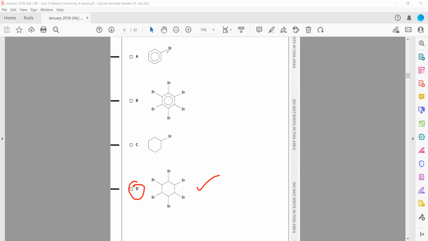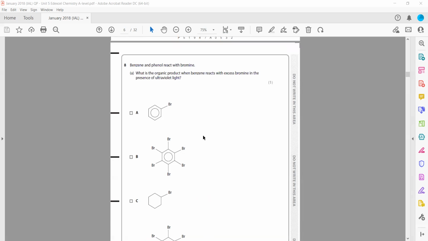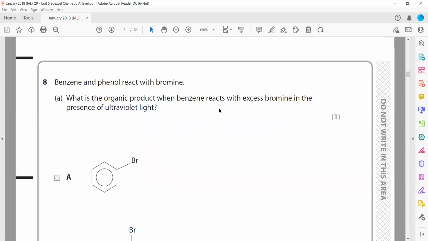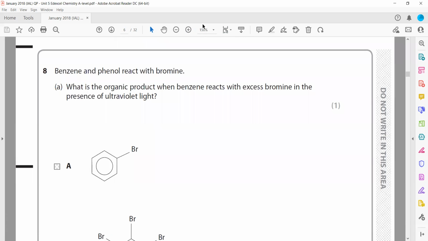If this is a limited supply of bromine, this happens. But if we have excess bromine and ultraviolet light, all the bonds will break in benzene. What is the organic product when benzene reacts with excess bromine?